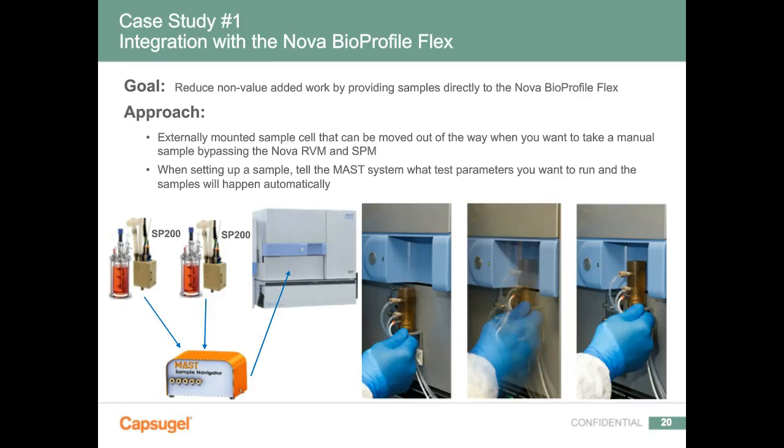The approach was an externally mounted sample cell that's mounted out of the way, allowing manual samples, but you can see how it's moved into place for automated sampling. Our system bypasses the Nova RVM and SPM. When setting up the sample in the MAST system, you schedule it and tell the MAST system the parameters, because it has a bunch of different tests you can run.